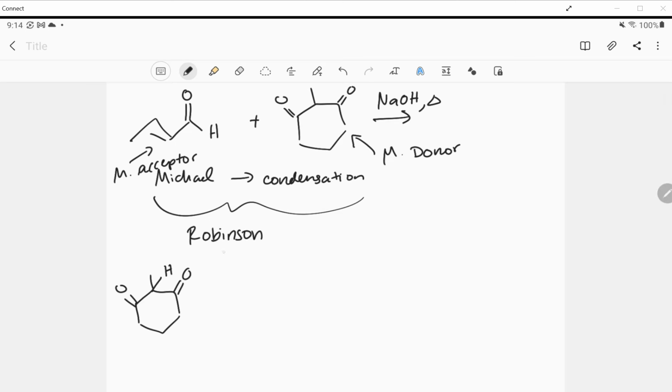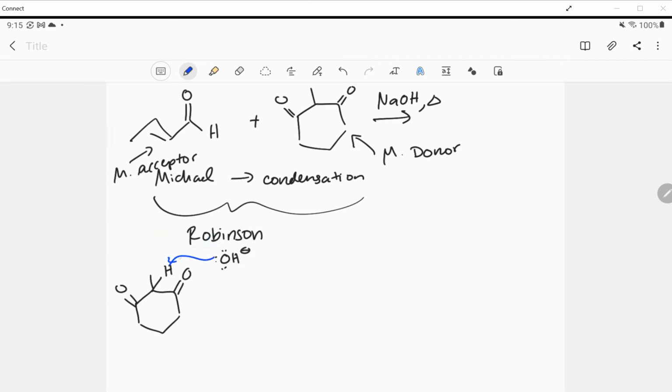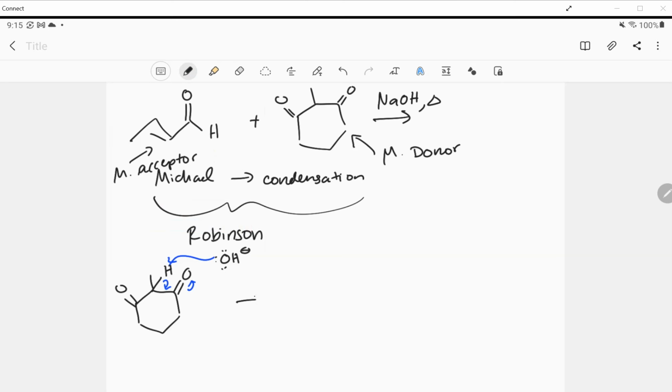So we're going to go ahead and grab that one. And we can resonate up to either side. Does not matter, since this is symmetrical. Alright, so we've got our enolate.